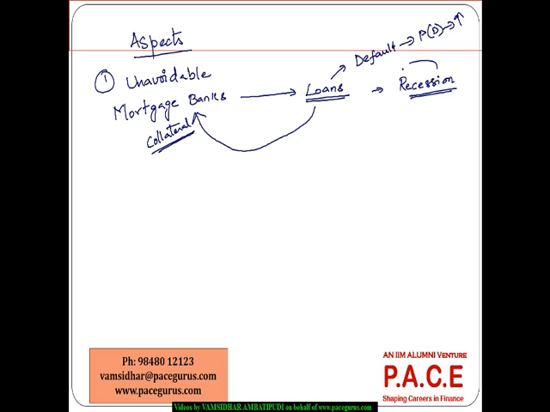But at the same time, because of the recession, the property prices, the prices of the property which was kept as a collateral, also go down. So there is a big chance of default. And when this default occurs, the banks may have to sell off the collateral and realize the money.